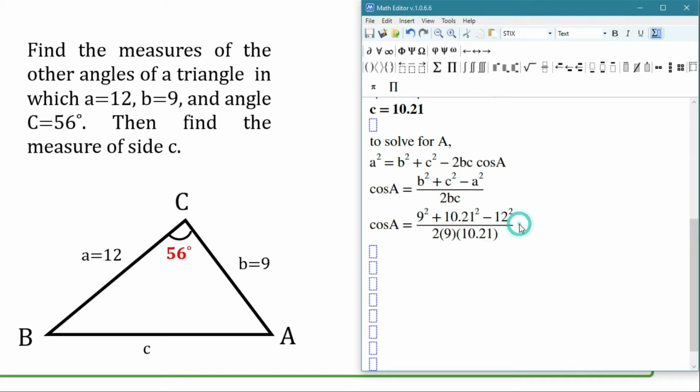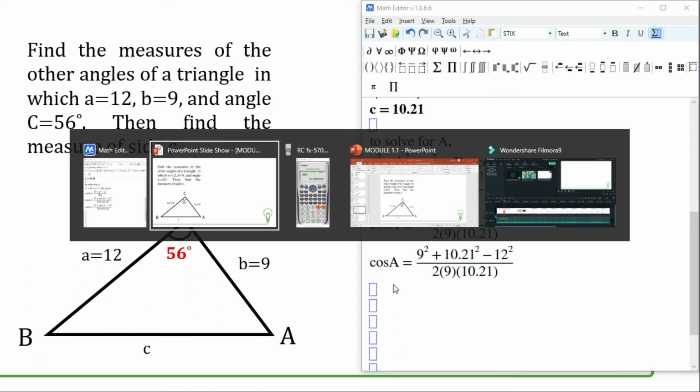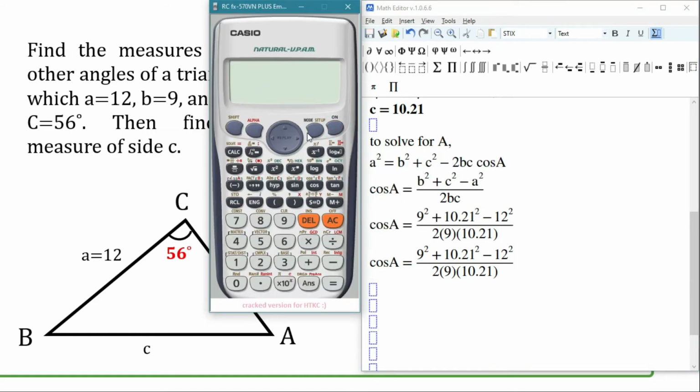Okay? And then, what we're going to do is to simplify what is to be simplified. So, simplify muna natin yung taas. That is 9 square plus 10.21 square minus 12 square.